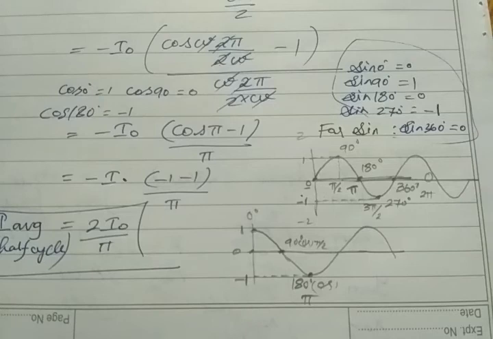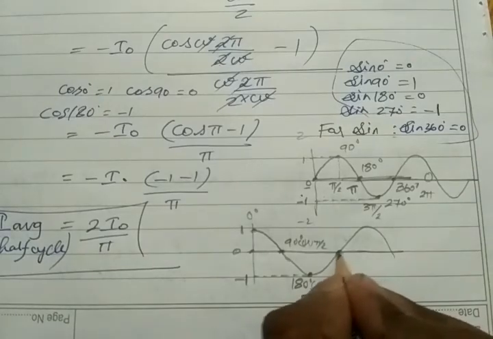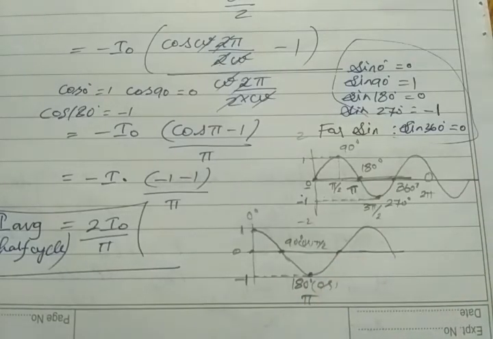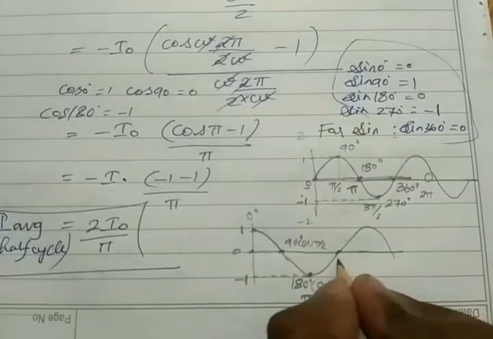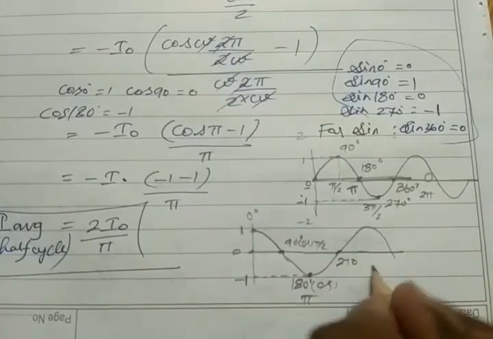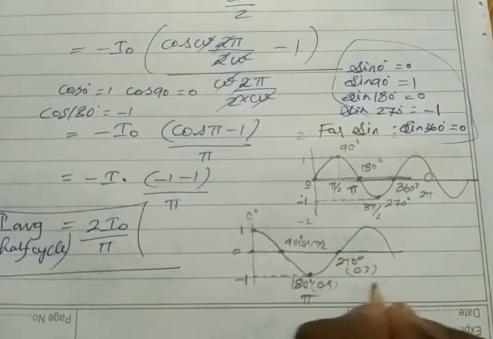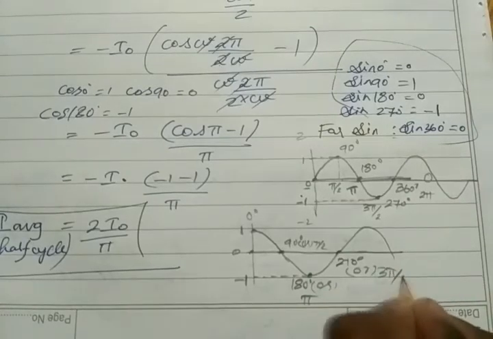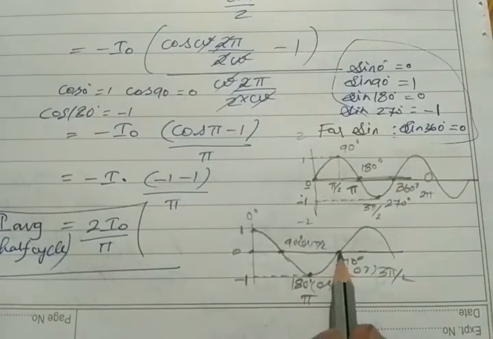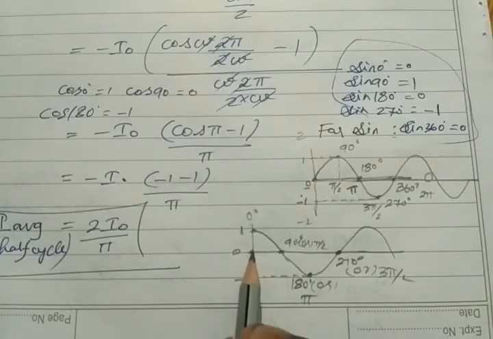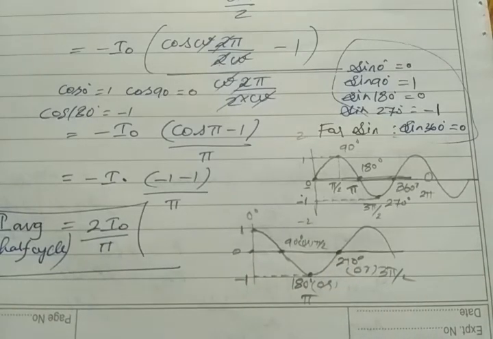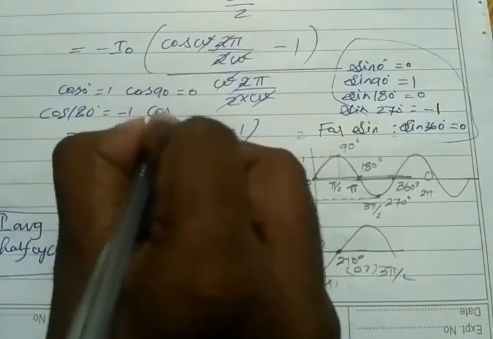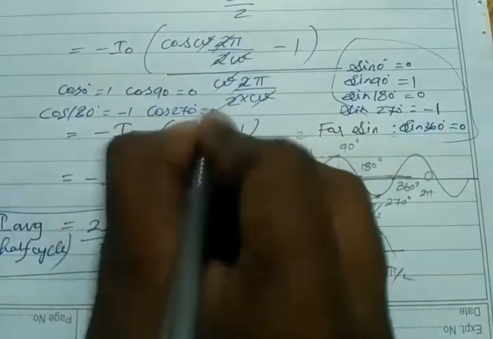At this point, we have the value of cos 270, or 3 pi by 2. For cos 270 or 3 pi by 2, the value lies at 0. So we can write cos 270, the value will be 0.